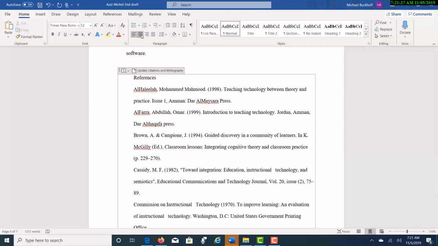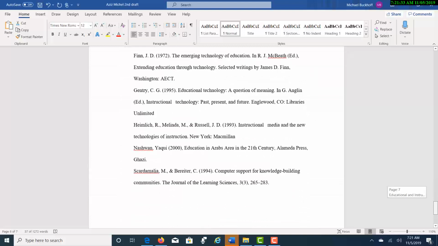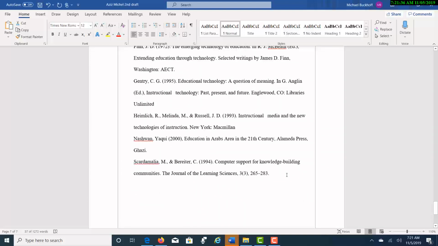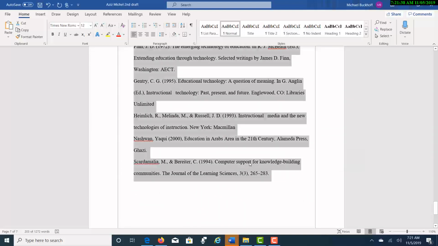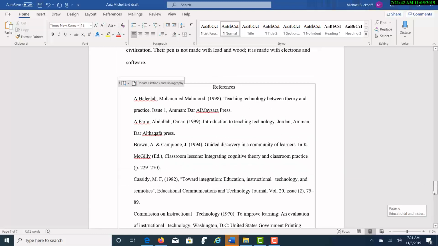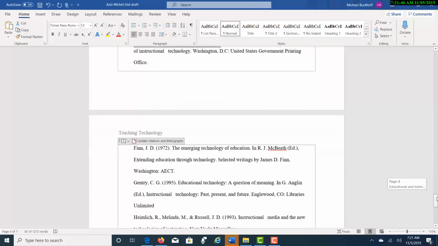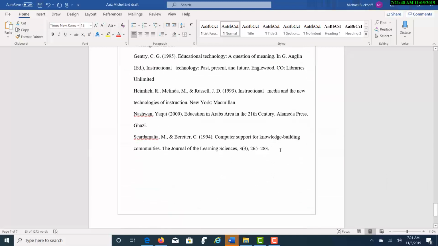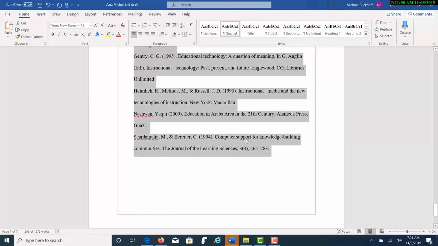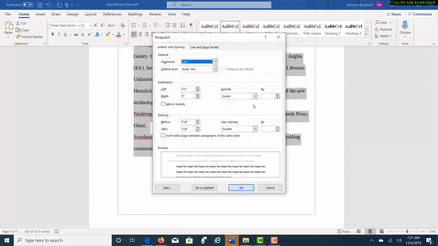So the first step is let's get this. Now we need to move all this over so it looks like an MLA formatted paper, right? So the second step is to go into paragraph. Let me see if I can fix this. Okay, you got double space.